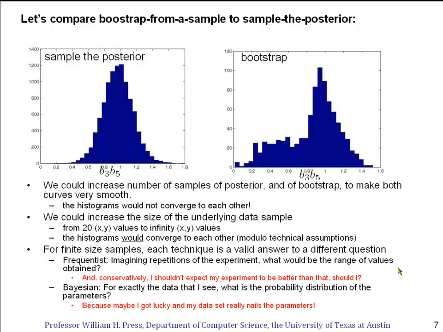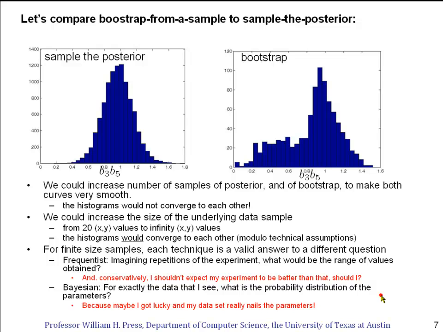The frequentist imagines repetitions of the experiment, each repetition giving a different data set, and asks how much variation in B3, B5 would there be over those data sets. And then the justification of doing that process is that the frequentist says, look, conservatively, I shouldn't expect my experiment to be any better than a random draw from all possible identical experiments, and therefore I'd be kidding myself if I thought the accuracy was any better than that.